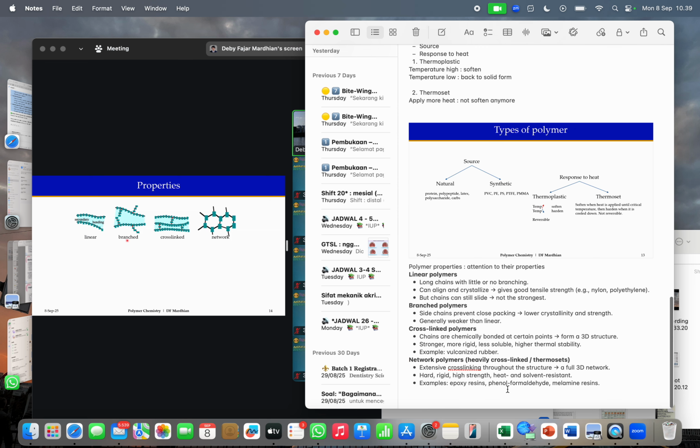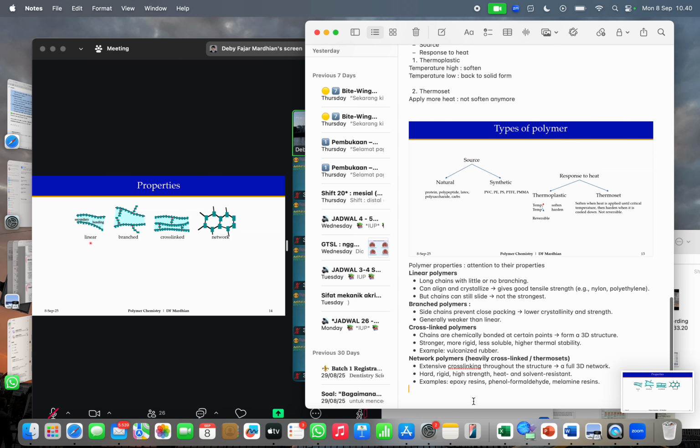Because the branch polymer has some steric hindrance, so their single chain is larger than the linear polymer, which creates spaces between their single molecules, and thus their mechanical property or their strength is lower than the linear polymer.